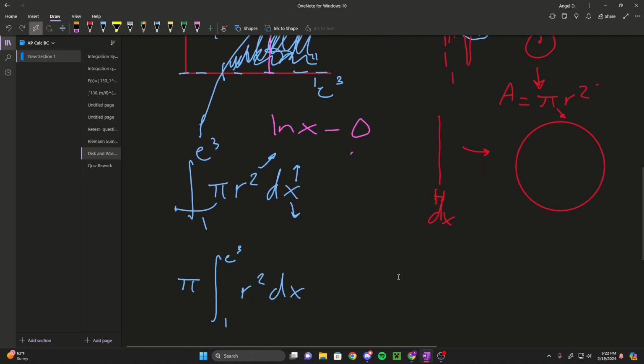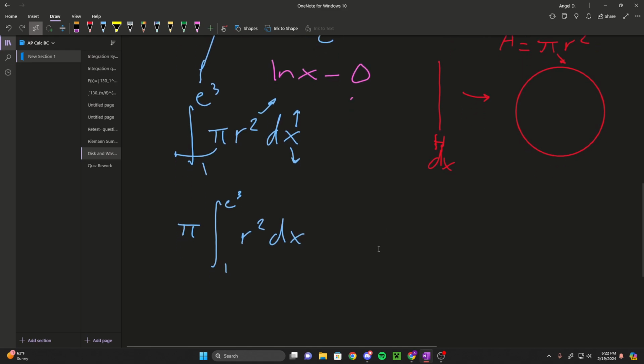So we plug in ln x for r squared, because ln x is our radius. And when we rewrite this integral over here, don't forget your pi, we're left with pi times the integral from 1 to e^3 of (ln x) squared dx. And that's all there is to it.